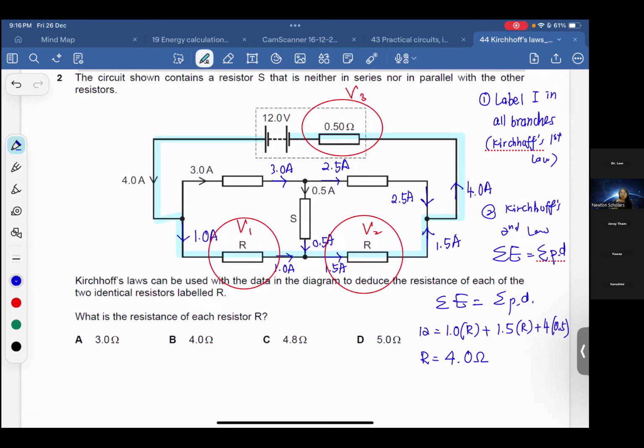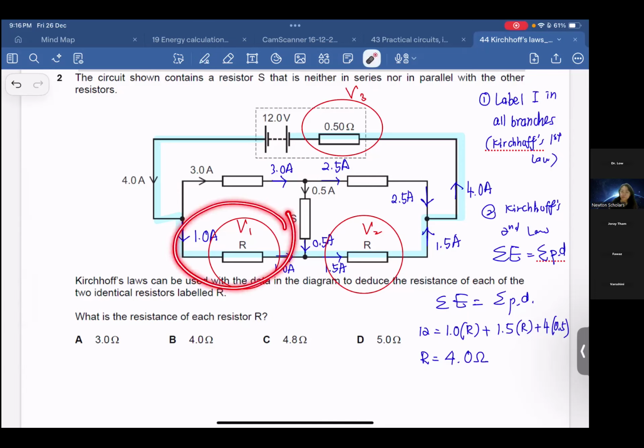Okay, so 12 volt is the EMF supply in the circuit. Then the voltage drop due to the resistor is from the 1.0 ampere flowing through the resistor R. Why is it 1.0? Because 4 ampere go in, 3 ampere out. That means 1 more ampere is going out by 1.0 ampere.